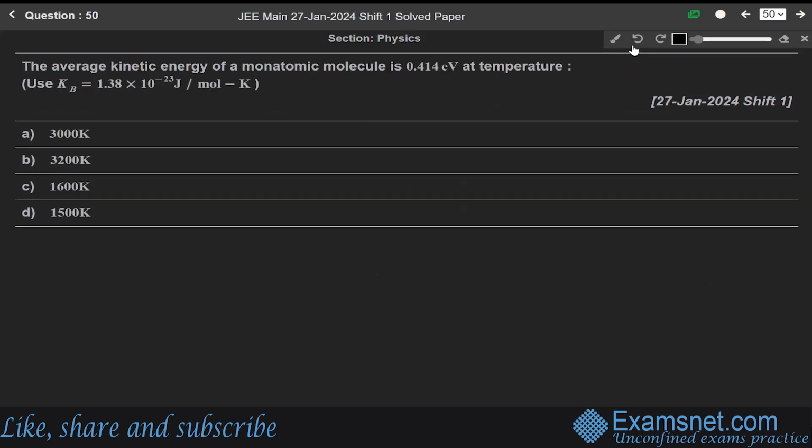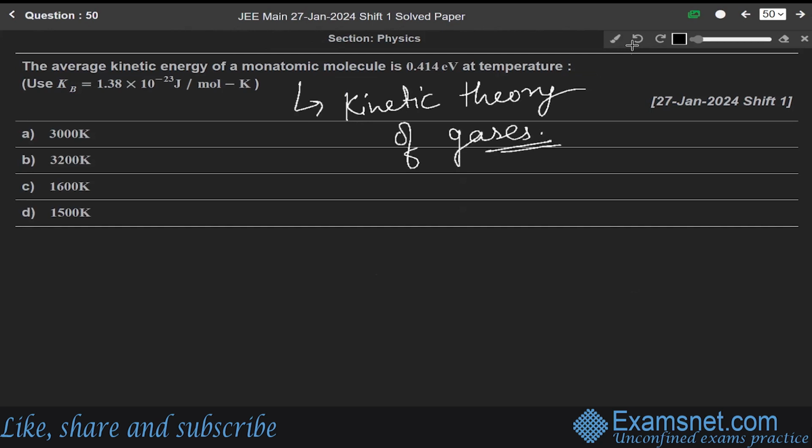Now next question. Question number 50. This question says that the average kinetic energy of a monoatomic molecule is 0.414 electron volt at temperature. This question is from the kinetic theory of gases. We have to find the value of temperature.